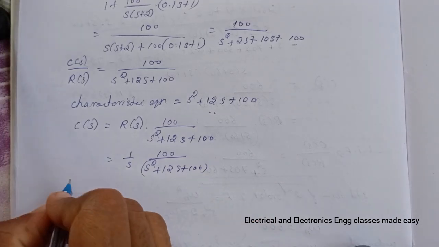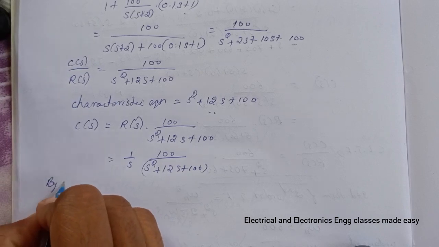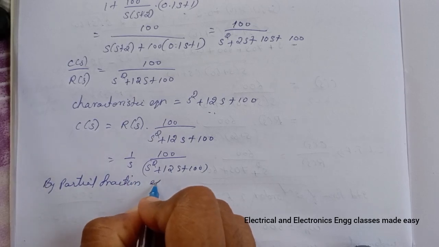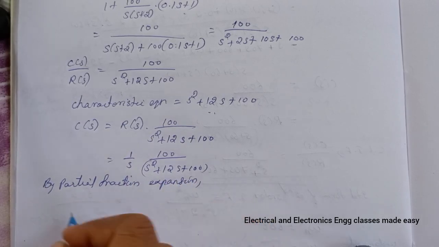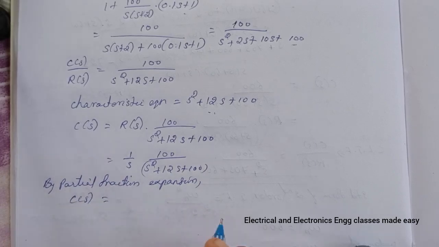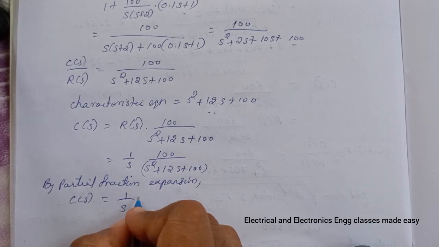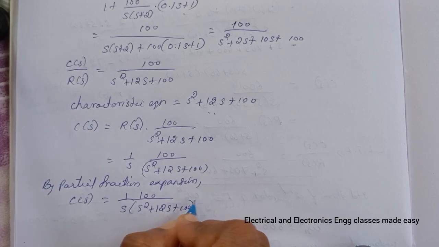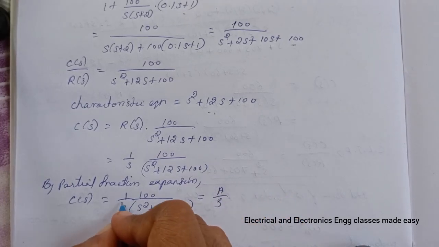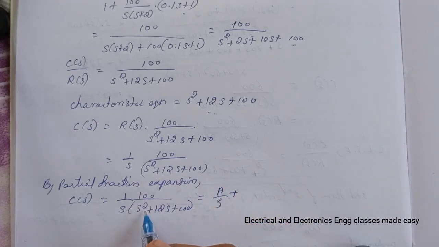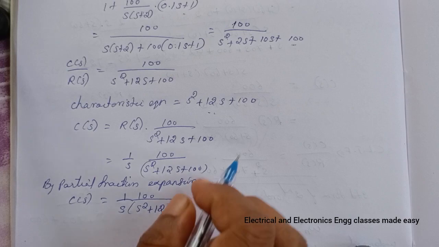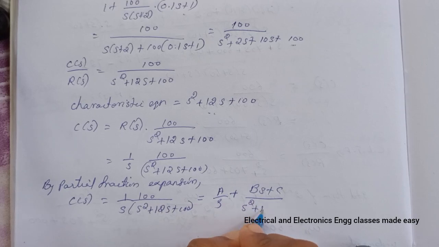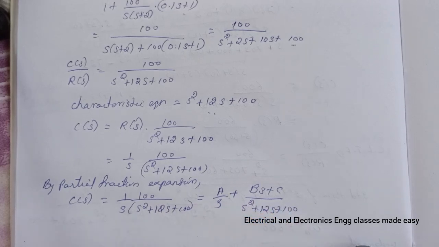By partial fraction expansion we get C(s) equal to 1 divided by s into 100 by s square plus 12s plus 100, equal to A divided by s plus (Bs plus C) divided by s square plus 12s plus 100.